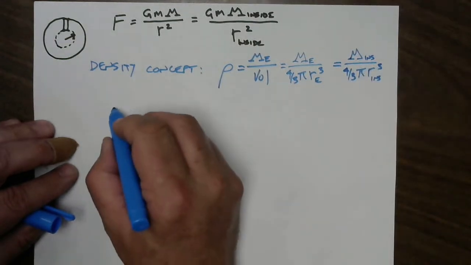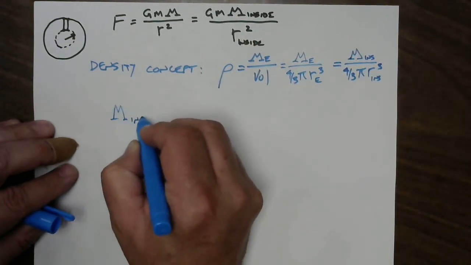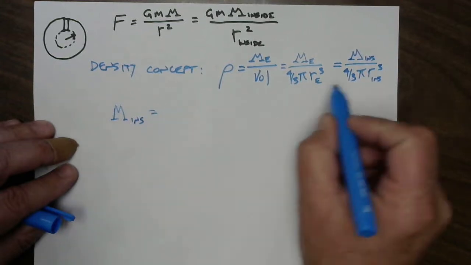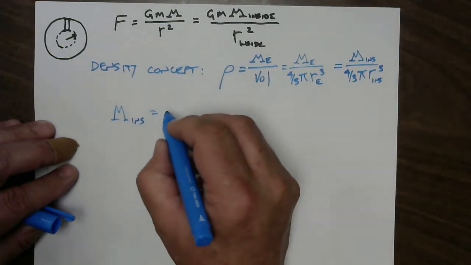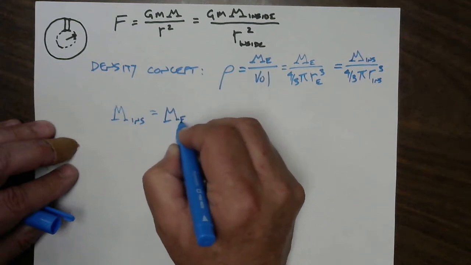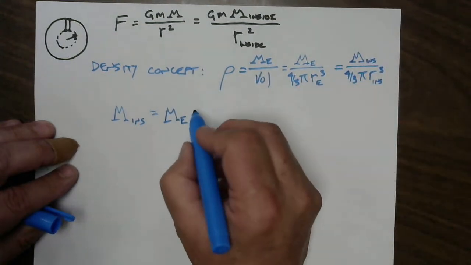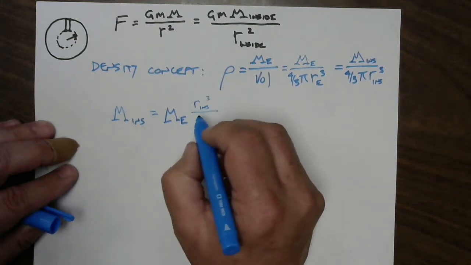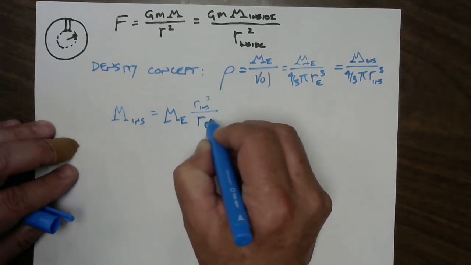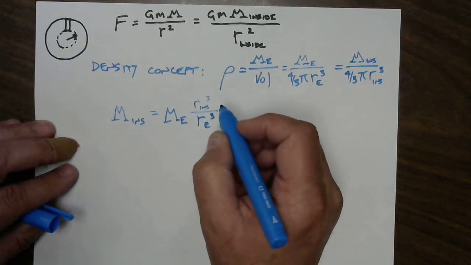We're going to claim that the mass inside of our location is going to be, now we're going to take this stuff on the bottom and multiply on the top. The 4/3 pi's are going to cancel. So we have the entire mass of the Earth, and then the radius inside cubed divided by the radius of the Earth cubed.